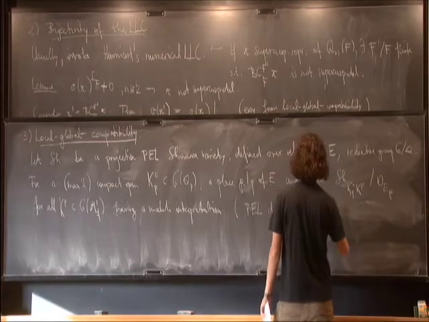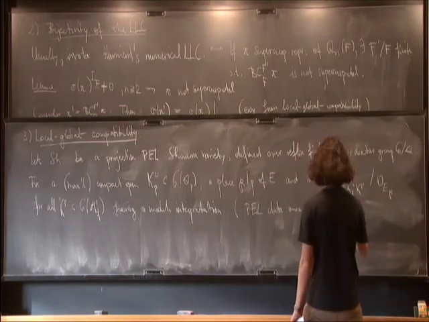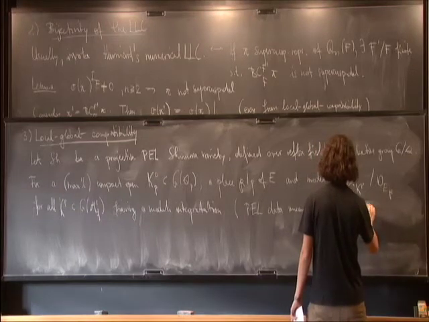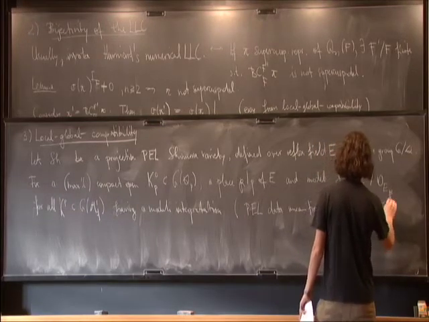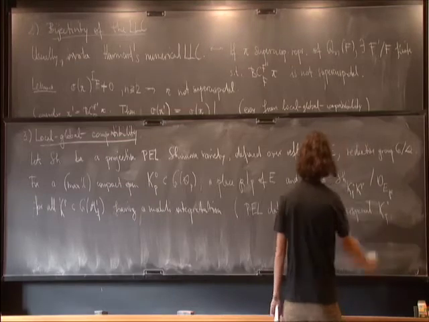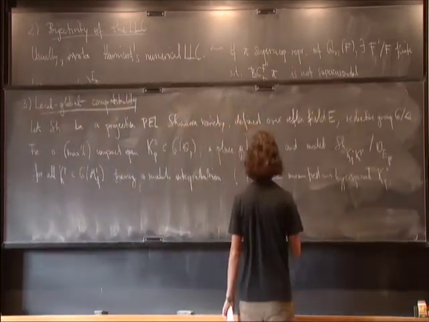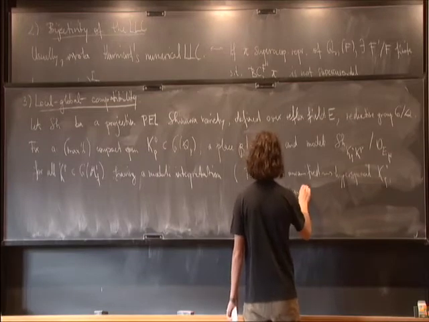So this gives rise to this hyperspecial maximal compact at p, and a canonical model over the ring of integers.